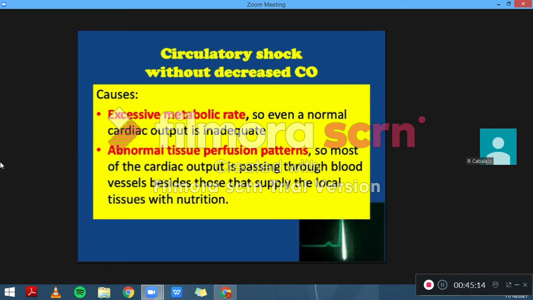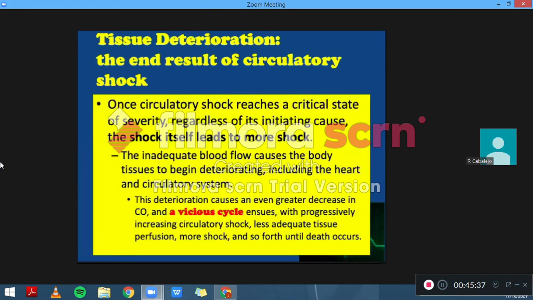And then you may have shock secondary to abnormal tissue perfusion patterns. An example of this would be those patients who have significant arteriovenous fistulas. The mechanism is shunting of blood, instead of going to the heart, it would go much into your fistula and your shunts. So you develop severe hypotension.